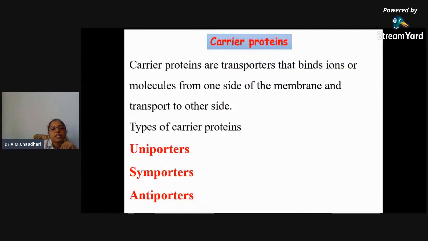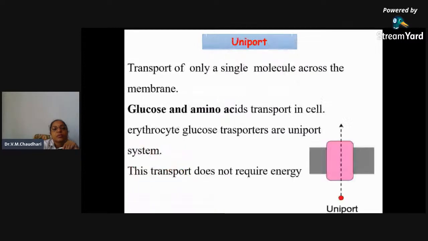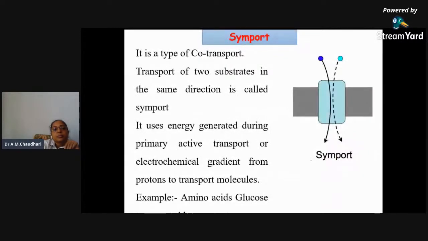Carrier proteins are of 3 types: uniporters, symporters and antiporters. Uniporters, that is in only one direction, transport of a molecule. Symport, in the same direction, transport of two molecules in the same direction using the energy generated during the primary active transport as energy in the symport mechanism.